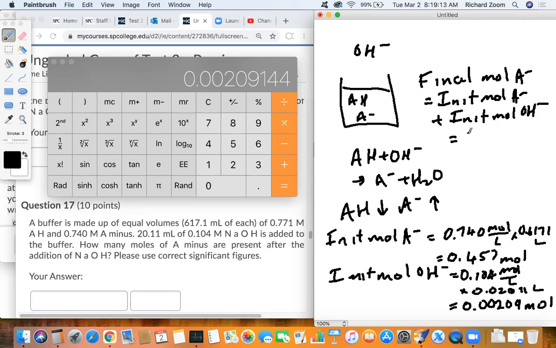So that's going to be 0.457 plus 0.00209 moles, which is going to be 0.459. The plus is important here. All right, does anybody have any questions about that?